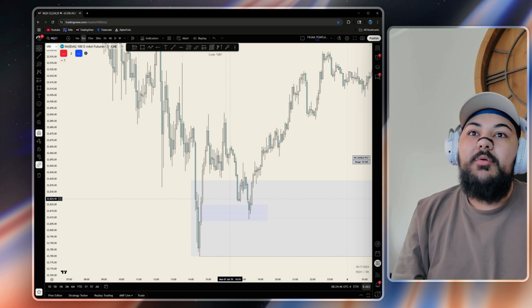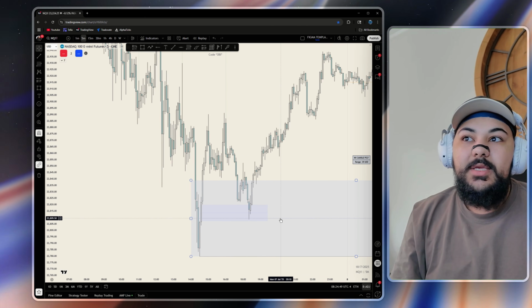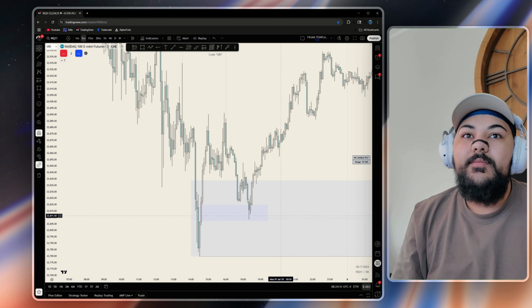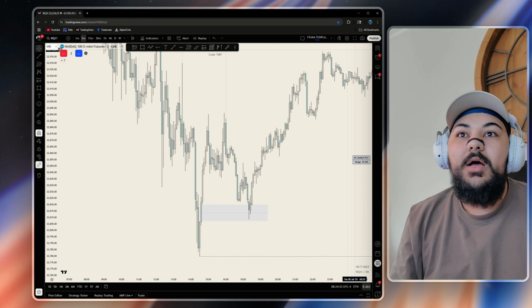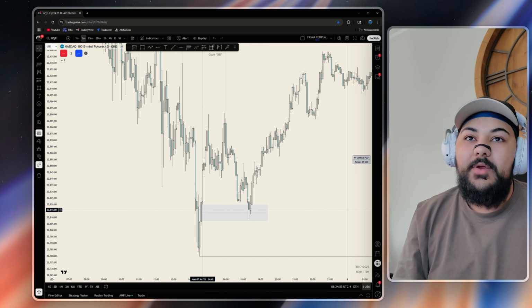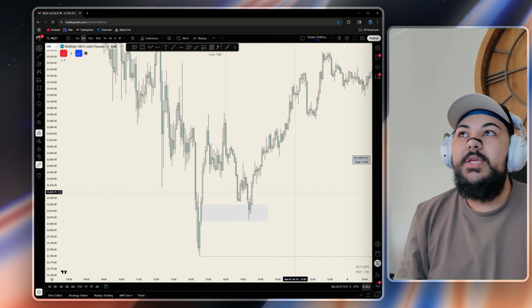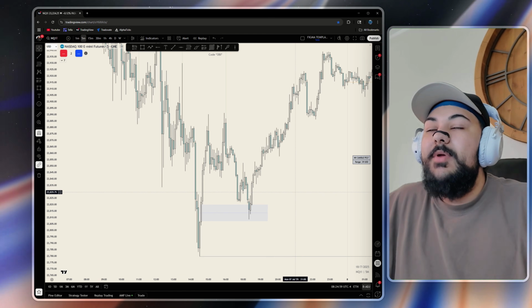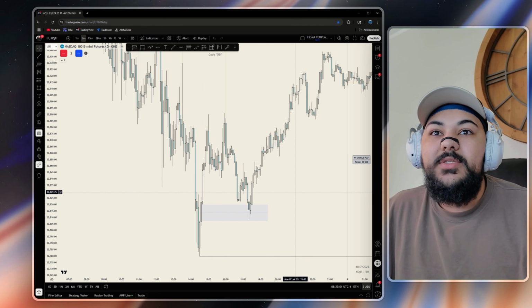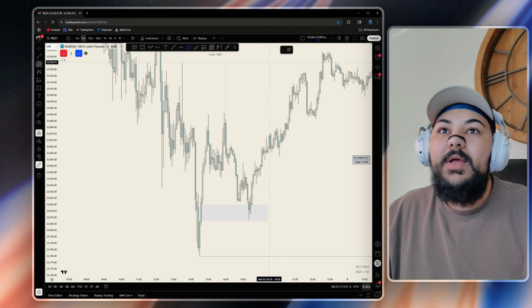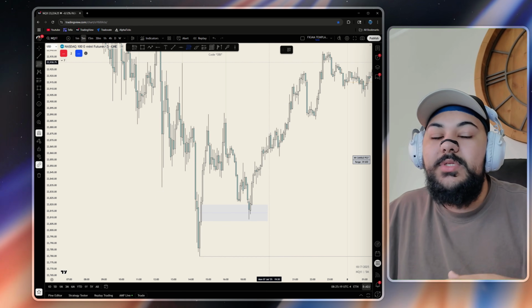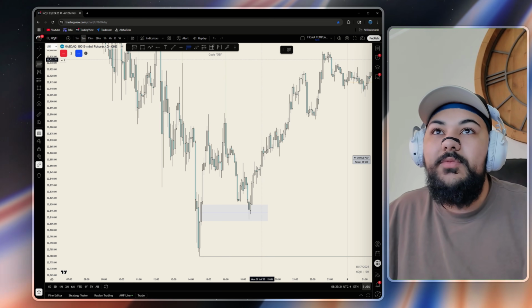On the 4-hour, we had this rejection block. The CE is 809.5, but it also lines up with a lower time frame fair value gap. Once you see these sort of things start to stack up, that's when you know it's going to be a good setup. The fact that it lined up with a lower time frame PD array just adds more confidence.